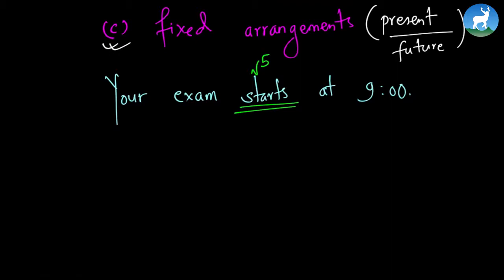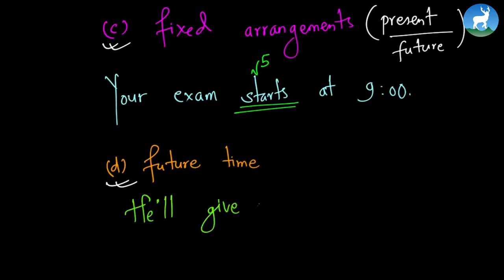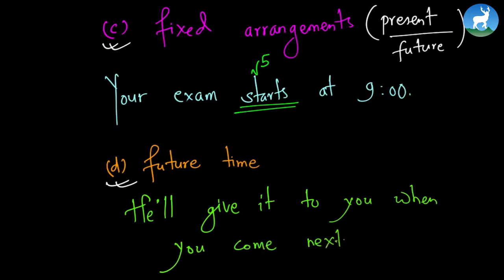Another use can be to express future time. You see, this is the beauty of simple present tense. We can actually talk about future time by using simple present tense, and this is how we do it. I can say something like, he'll give it to you when you come next Saturday.